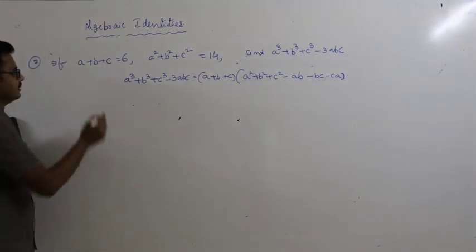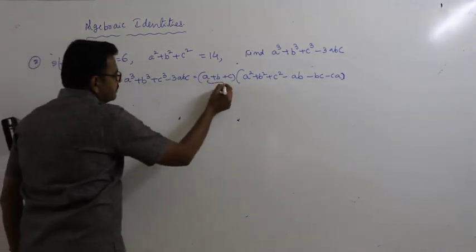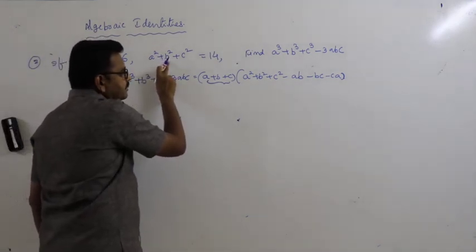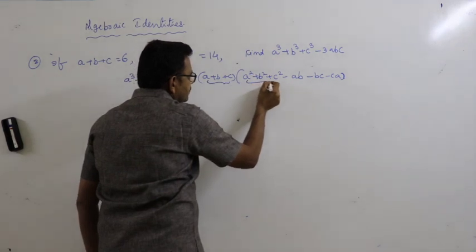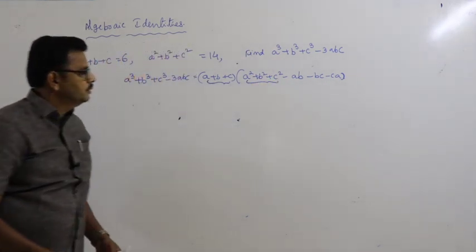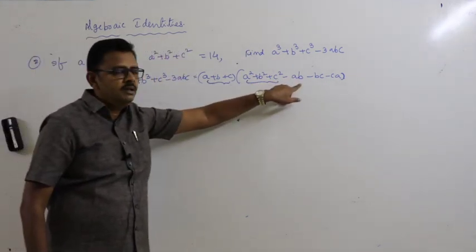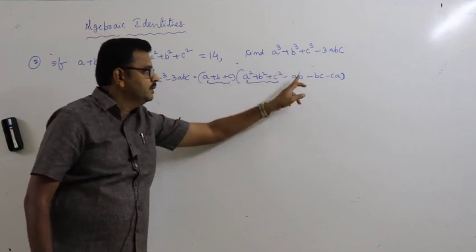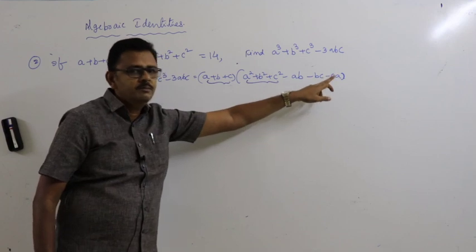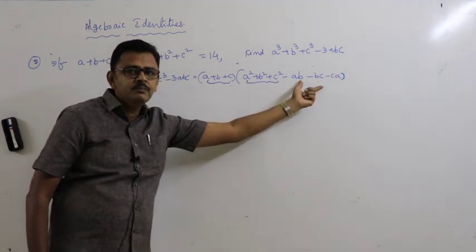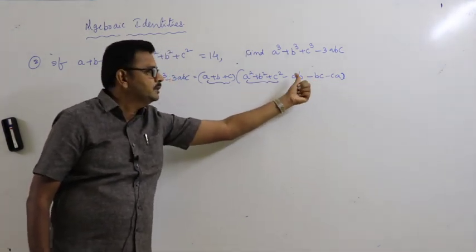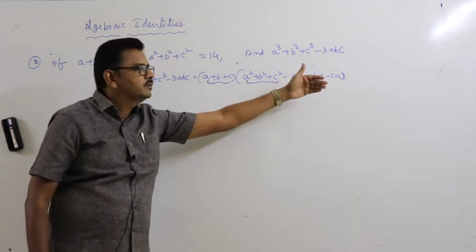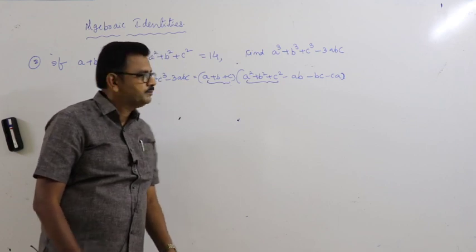Already a plus b plus c value is given as 6, and a square plus b square plus c square is also given. So, we don't know the value of this. So, you can take minus common: minus of ab plus bc plus ca. Our aim is to find the value of ab plus bc plus ca, then we get the answer.